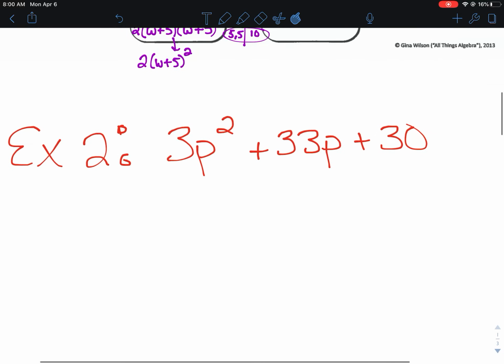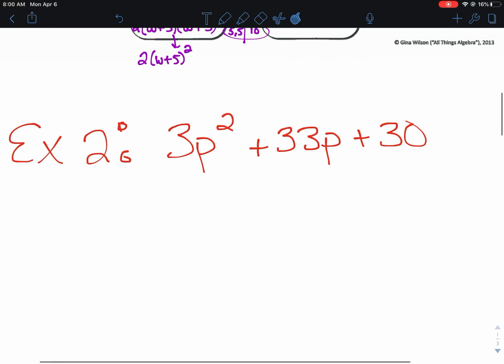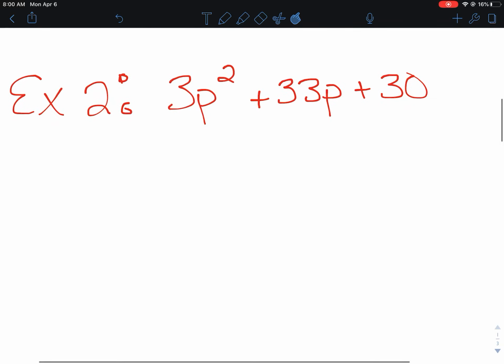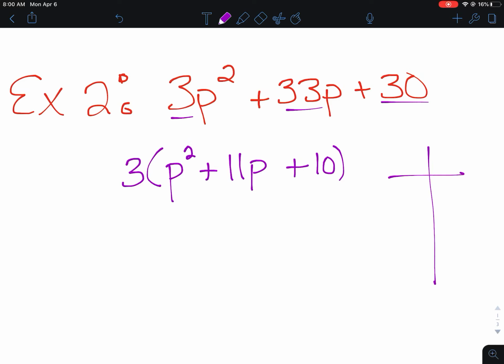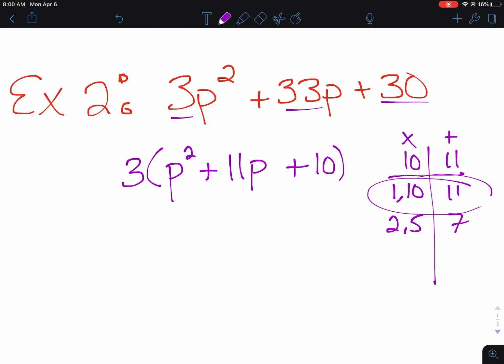Let's do a couple more examples here just to get the idea. So the next example, we have 3p squared plus 33p plus 30. Well, right off the bat, I see a GCF of 3. And then I'm left with p squared plus 11p plus 10. So now we think, what multiplies to 10 that adds to 11? 1 and 10, 2 and 5.